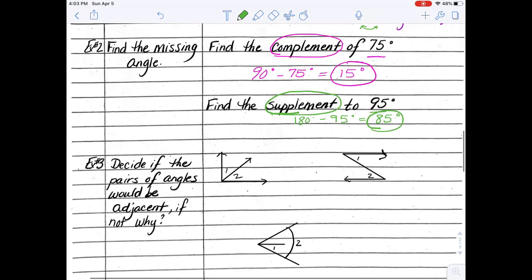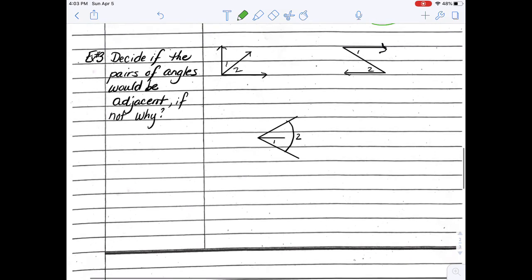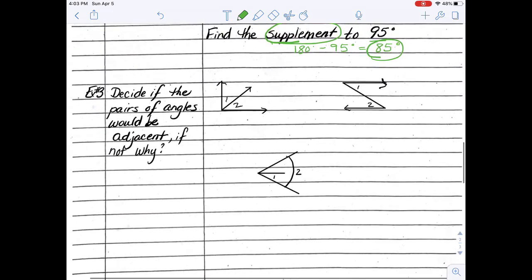Now just to go back and review our adjacent angles at the top, if I gave you these, would you say they are adjacent or not? And if they're not, why wouldn't they be? So look at this first one here. I've got two angles, angle 1 and angle 2. Would they be adjacent? Do they have the same vertex?